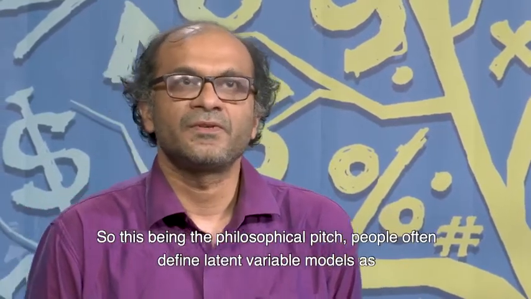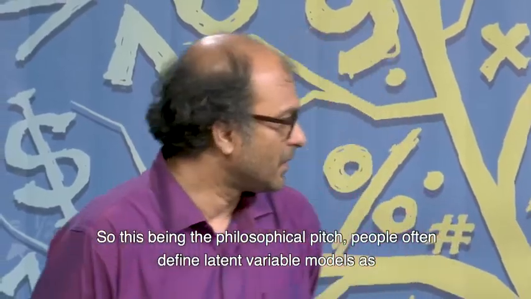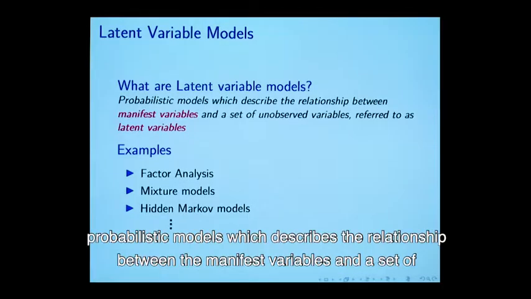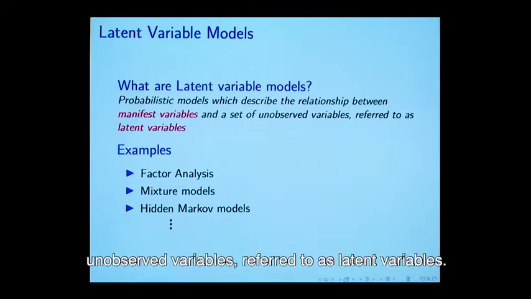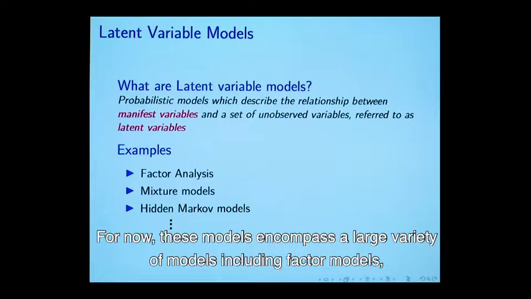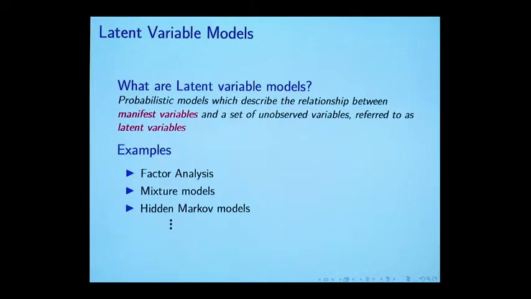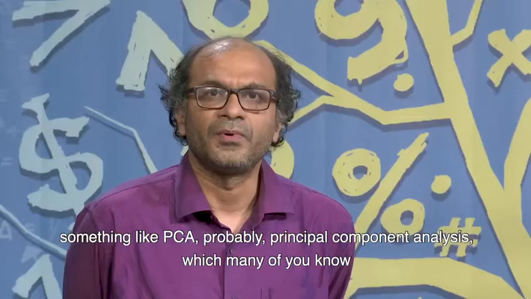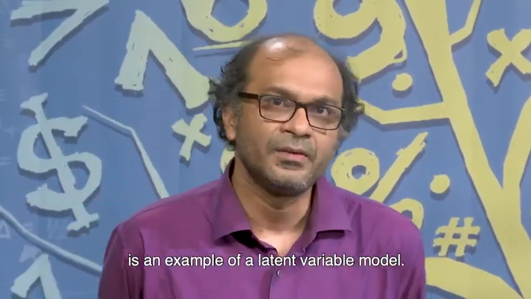This being the philosophical pitch, people often define latent variable models as probabilistic models which describe the relationship between manifest variables and a set of unobserved variables referred to as latent variables. Hopefully we will give you more concrete mathematical examples as we go along. For now, these models encompass a large variety of models, including factor models like principal component analysis, which many of you know is an example of a latent variable model.